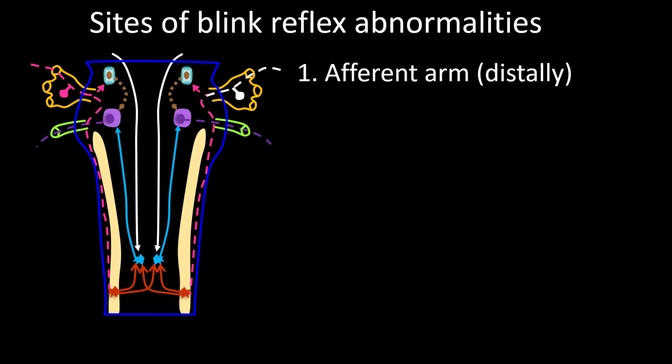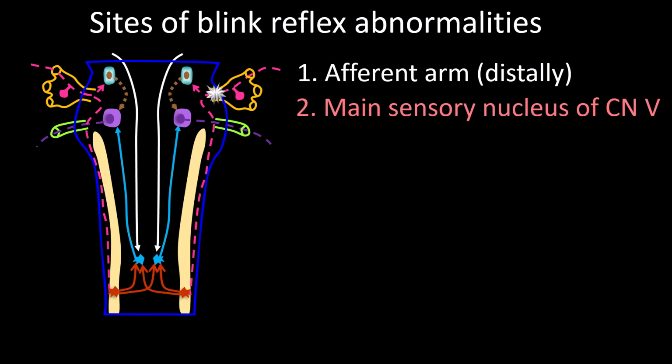This segment of the afferent arm stretches from the supraorbital nerve at the supraorbital notch to the pontine region prior to the bifurcation of these fibers destined to travel to either the main or the spinal nuclei of the trigeminal nerve. We will indicate a lesion anywhere in this segment by placing a white burst element at the trigeminal ganglion root, as you can see.